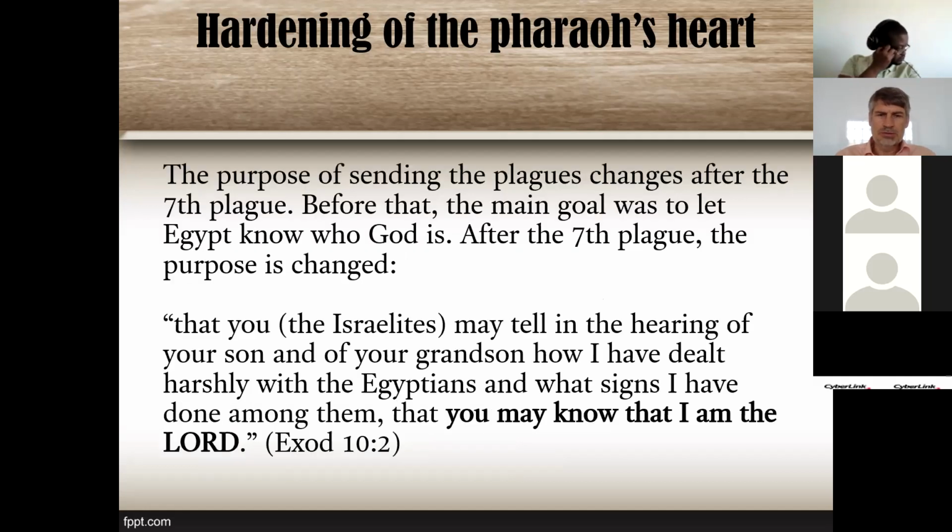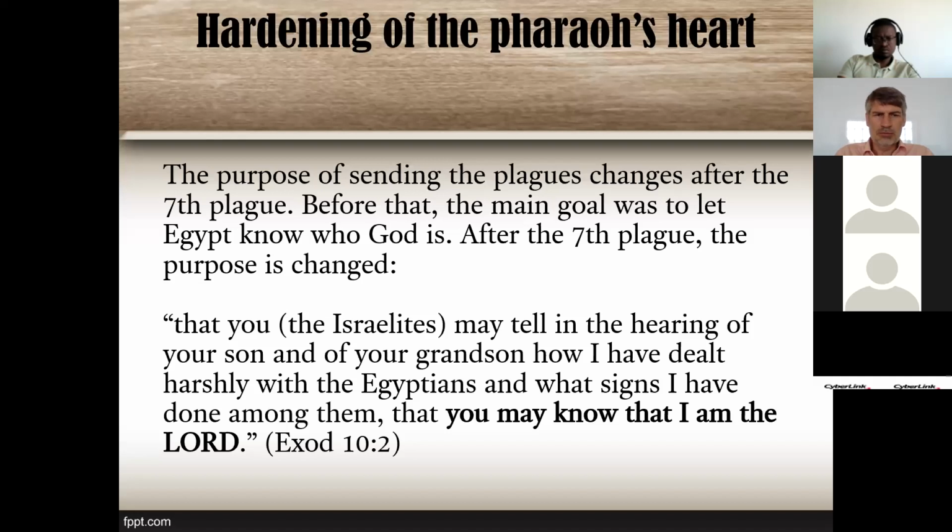What is also very important is that there is one plague which was a turning point in the course of plagues, and this is the seventh plague, because after it we can see that some changes took place. I remind you that the seventh plague is the plague of hail, when the hail was brought to the land of Egypt.